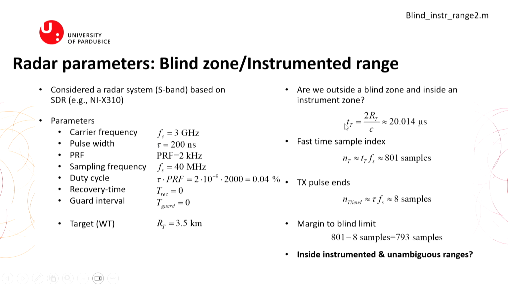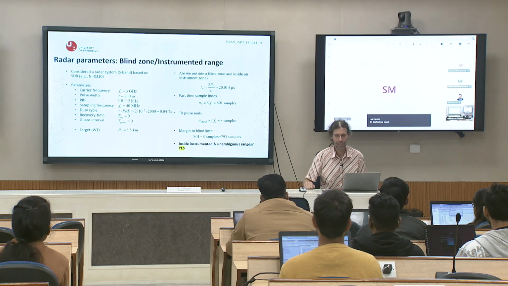So the time from transmitter to my target, a wind turbine, and back will be about 20 microseconds. So the fast time sample index will be about 801 samples. The end of the transmission pulse is about 8 samples. So if I take this value minus this value, I get this value. So the answer, are we in range? Yes, of course, because it is between 30 meters and 75 kilometers. Is it clear?